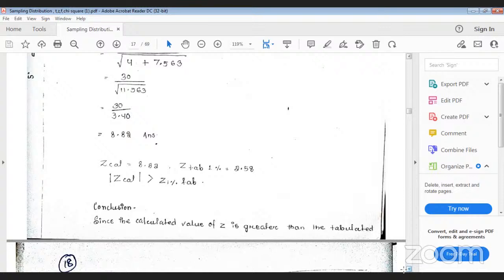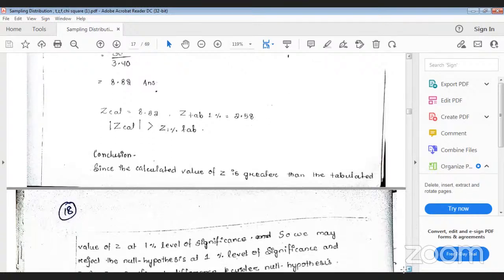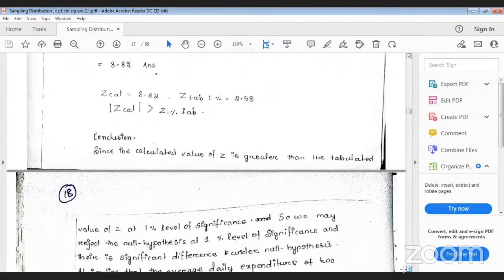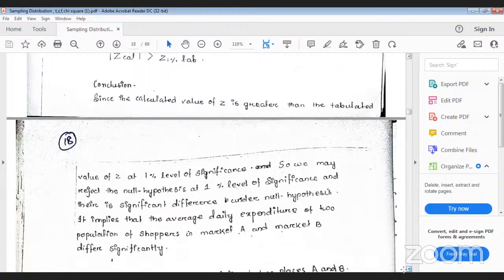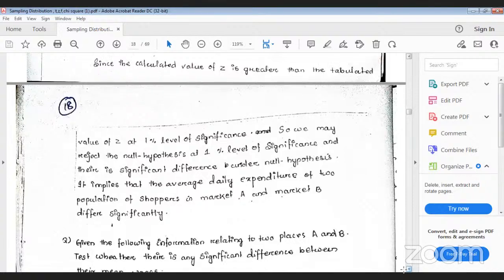So here the Z calculated value is greater than the tabulated value. That means we may reject the null hypothesis. The same type of conclusion you have to write here. Since the calculated value of Z is greater than the tabulated value of Z at 1% level of significance, we may reject the null hypothesis at 1% level of significance, and there is a significant difference.